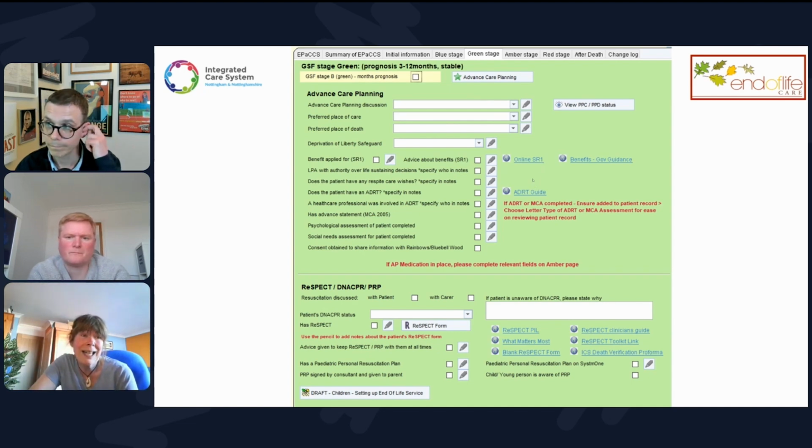And I guess this is a key in for having the conversations with patients, because we can give them practical, beneficial support financially by getting the SR1 completed. For those that don't know, it enables people to get high rate disability living allowance without a delay, and it saves a whole lot of headaches with paperwork as well. Really easy to do online now.